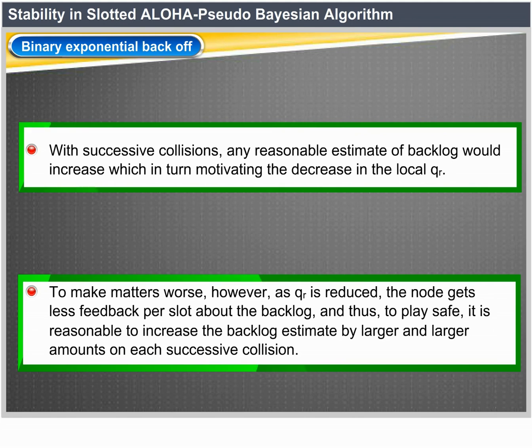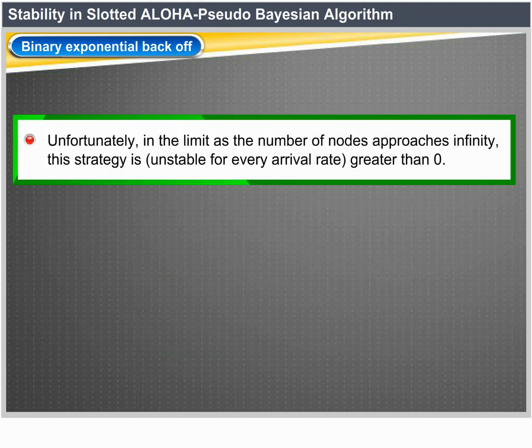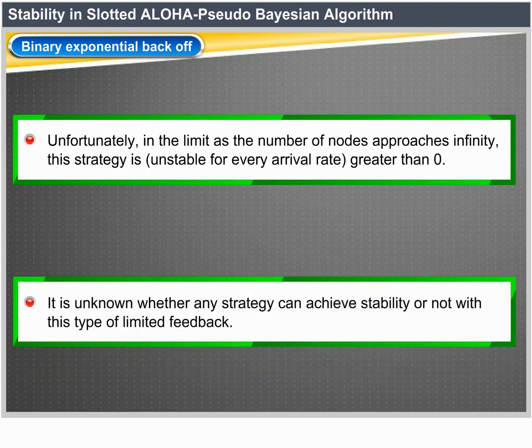Unfortunately, in the limit as the number of nodes approaches infinity, this strategy is unstable for every arrival rate greater than 0. It is unknown whether or not any strategy can achieve stability with this type of limited feedback.